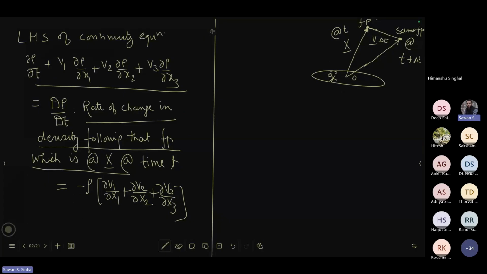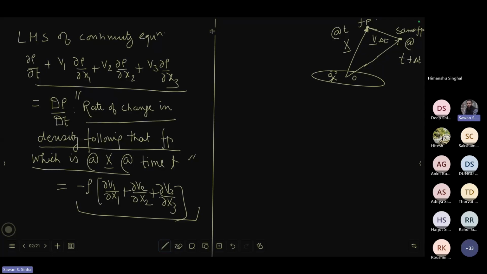So for derivation I use control volume, but the equation that I am getting is applicable for a point, a fluid particle. And since it is applicable for a fluid particle, I write this kind of language. The left hand side is what I have written, and the right hand side, according to the equation, is minus rho times del Vi del Xi.